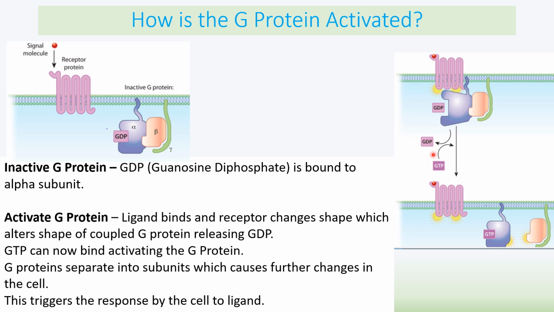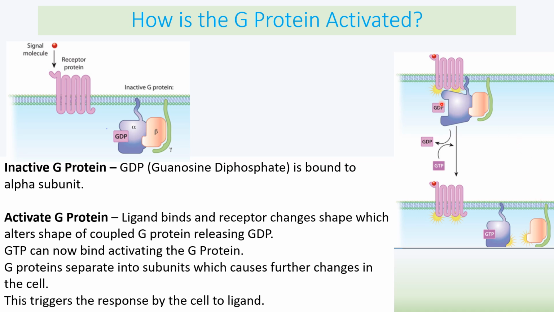That then allows GTP, which is guanosine triphosphate, to attach to the G protein, and that causes the G protein, as you see here, to separate into its subunits, which then causes further changes in the cell. This triggers a response in the cell by the ligand, so that'll probably activate enzymes.